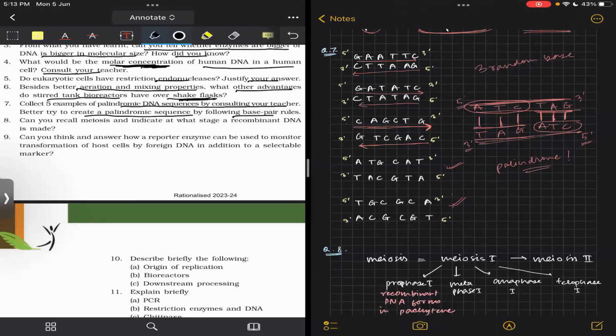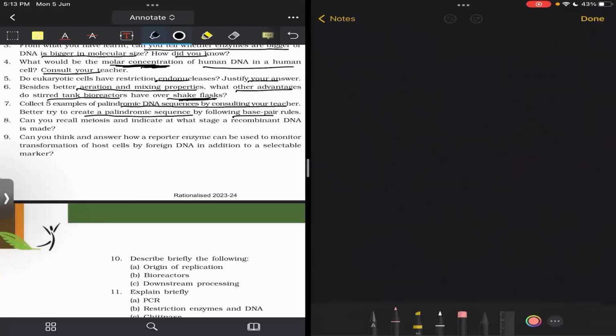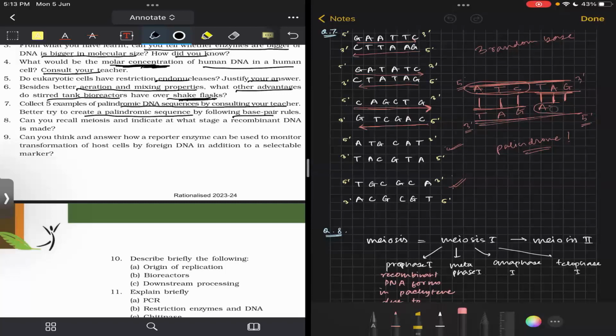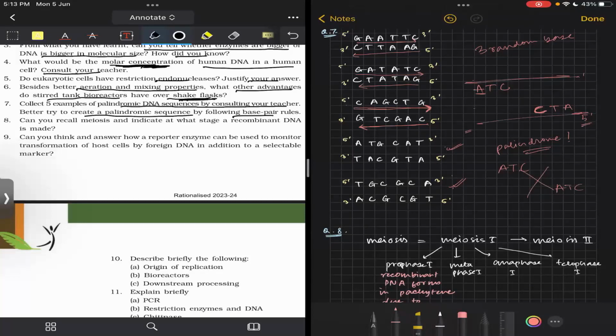Sorry, I made a mistake. You have to write it in the opposite sequence. So you have to write it like ATC and ATC. Not like the earlier way. You have to write it like this.